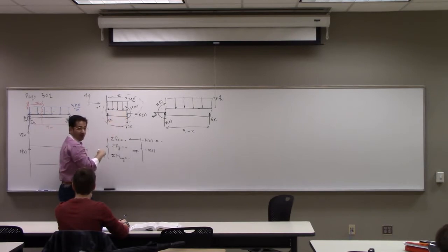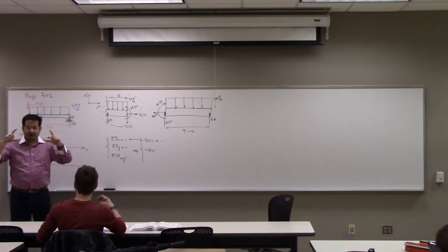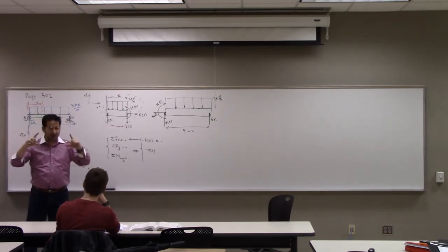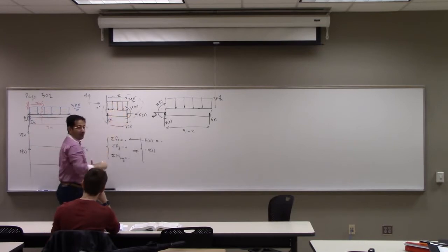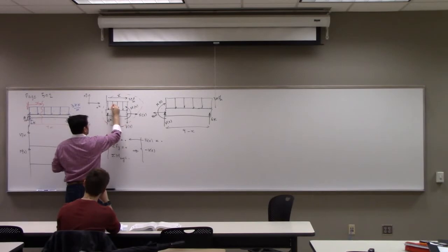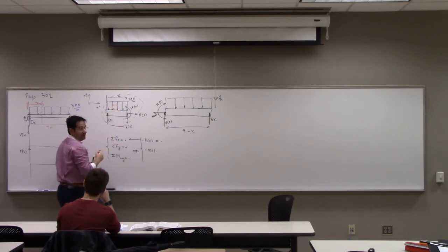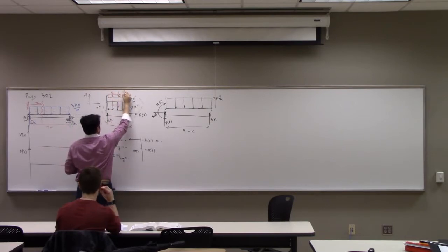So what would be the point load corresponding to that? The area under the rectangle, which is the height 3K times the base. So the area of that is 3K times x. And where is the point of action? The centroid. So it's right here. This distance from here to here is x over 2, and here to here is also x over 2.